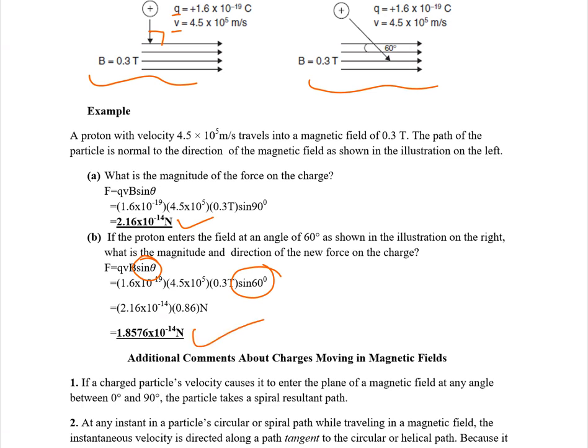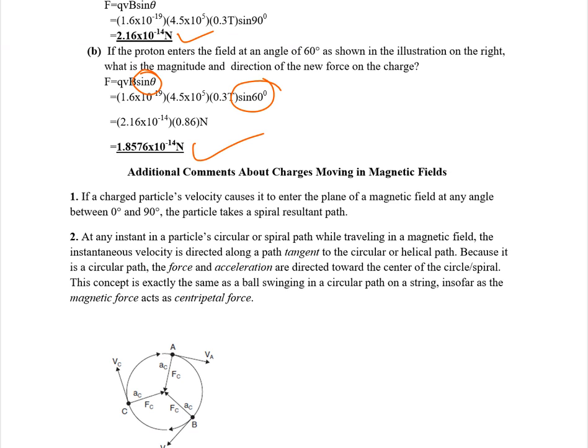Therefore, you must use the angle which is given between the velocity and the field strength. This one is the direction of the magnetic field, and this one is the direction of the velocity. Therefore, you must take the angle between them, since theta is the angle between the velocity and the magnetic field strength.